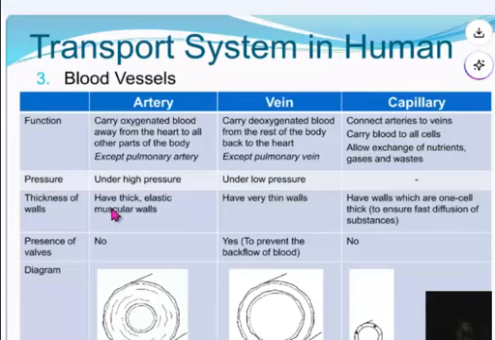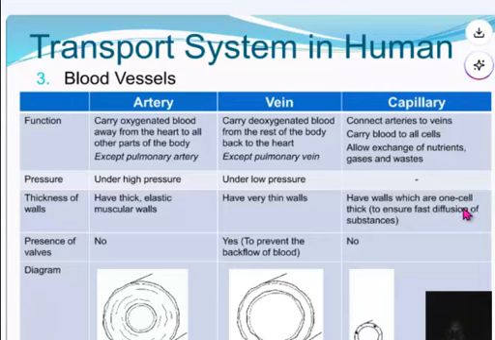Now, thickness of the wall. Artery has a heavy, thick, elastic, muscular wall. Why is it having heavy, thick, elastic, muscular wall? Vein has a very thin wall.